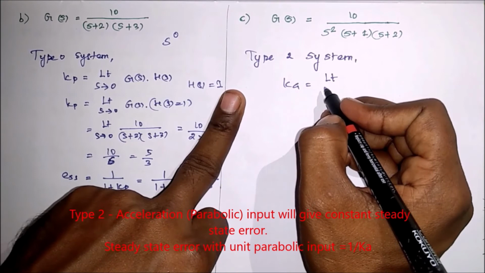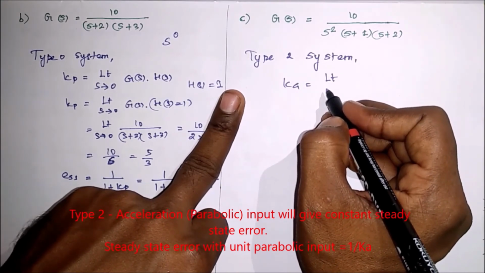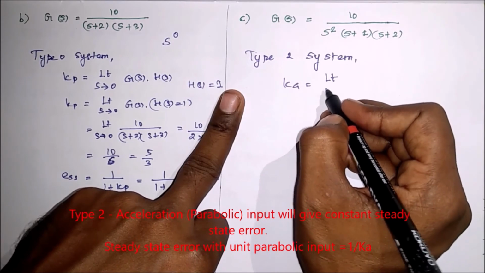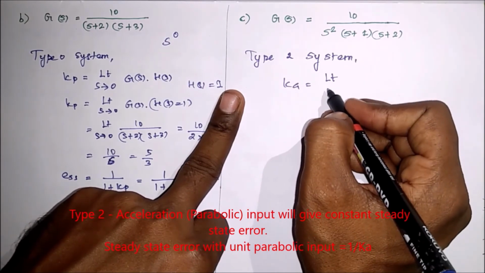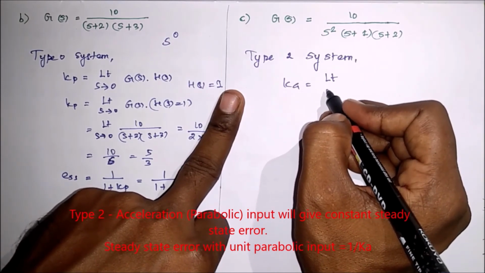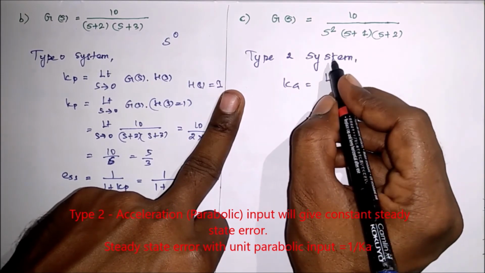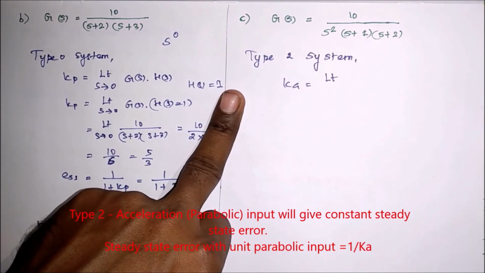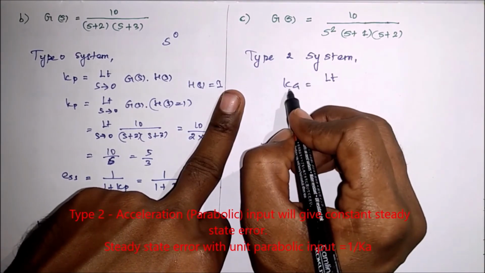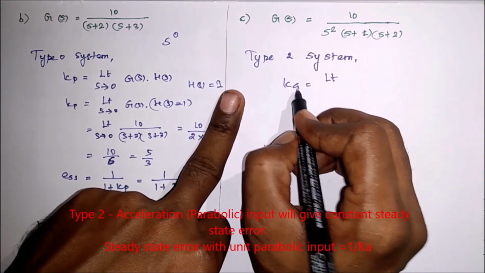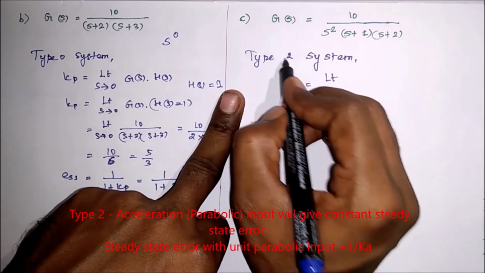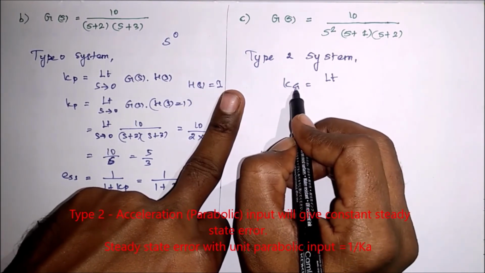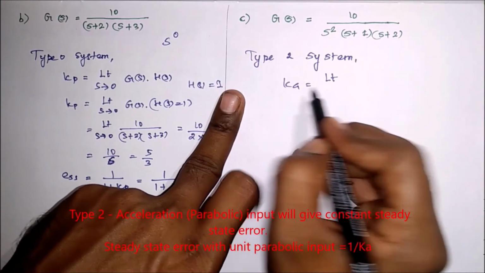The other two, the positional error constant and velocity error constant, will give either 0 or infinity as their value. But according to the given problem, we have to get the error constant and also the steady state error. For a type 2 system only the acceleration error will give the constant value.